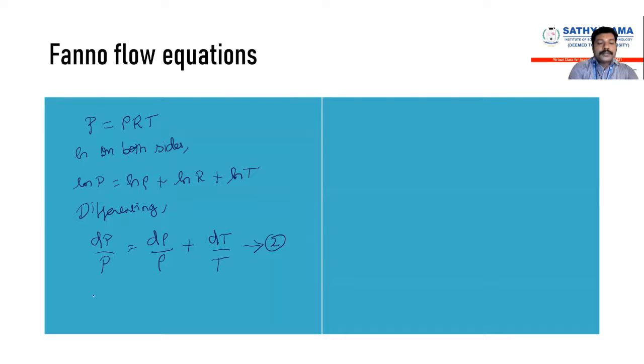And then you know that M is equal to C by A, where A is nothing but root of gamma RT. Then we change this equation as M square is equal to C square by gamma RT.